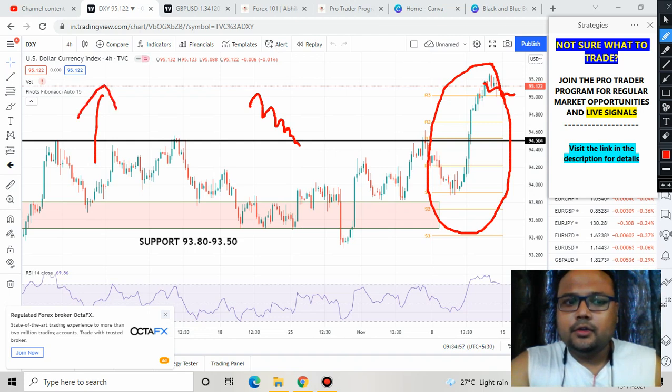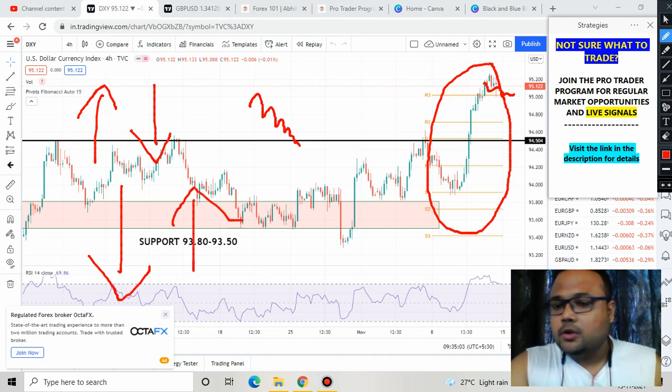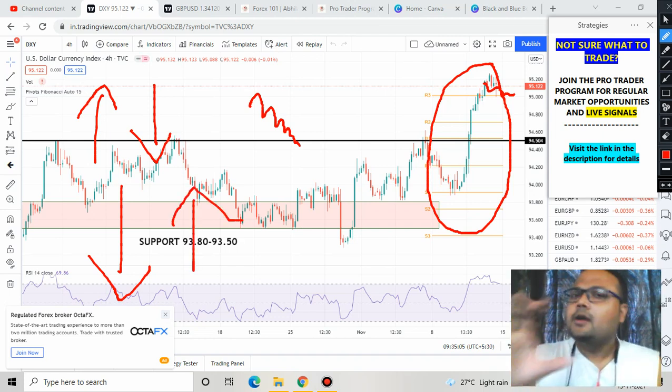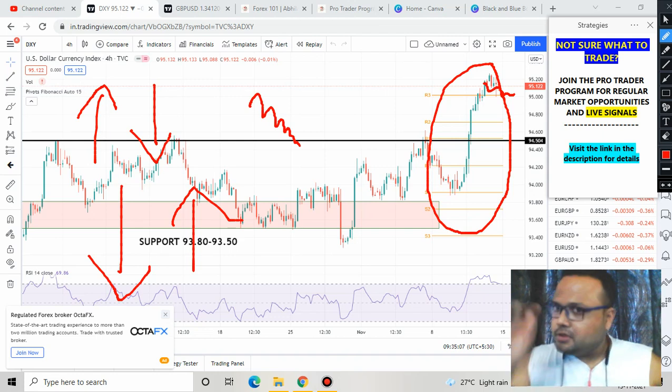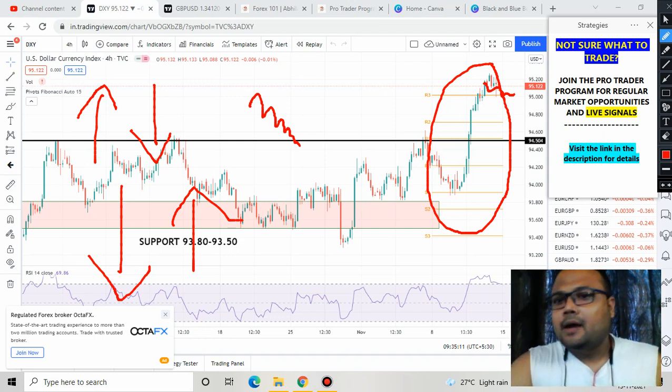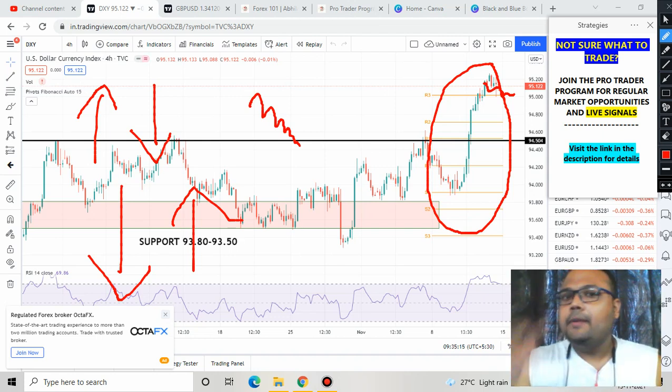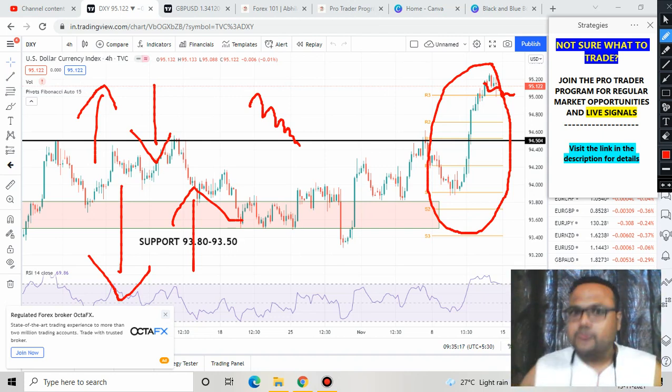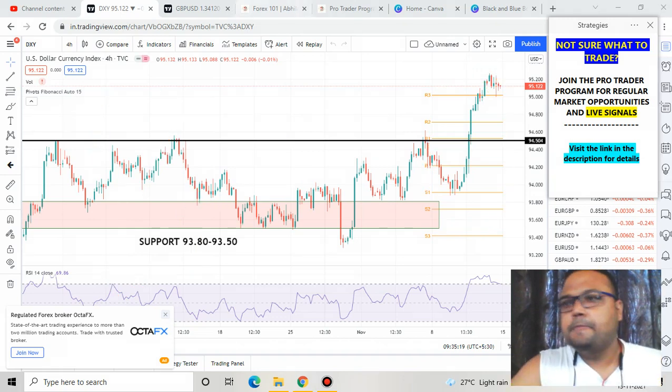When the US dollar goes up, GBP USD goes down. When the dollar goes down, we see GBP USD going up. So if the dollar goes for correction or some consolidation, then GBP USD may see some recovery. But apart from this recovery, we do not have any prominent resistance on DXY right now, so be careful.